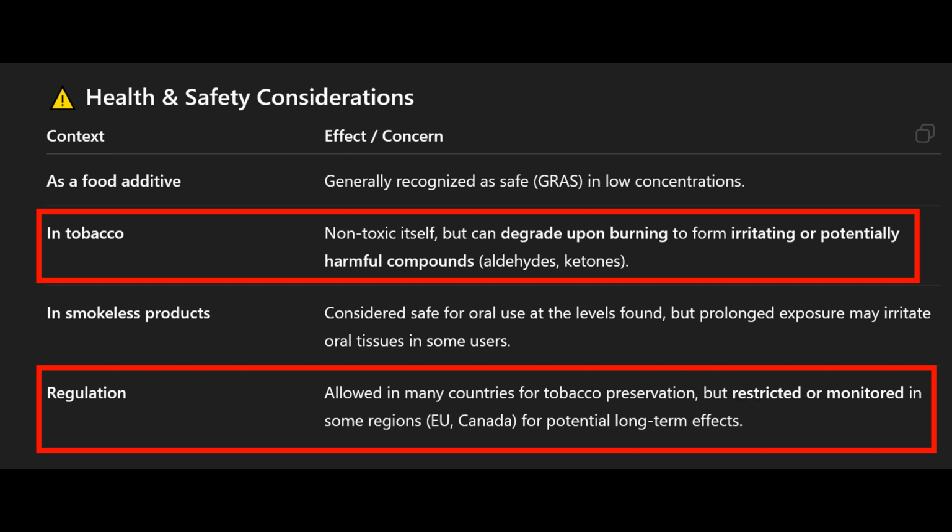Regulation: allowed in many countries for tobacco preservation, but restricted or monitored in some regions like the EU or Canada for potential long-term effects. We talked about this. We know that additives in food are safe, but when they are burned in tobacco, they become harmful. So take that into consideration.